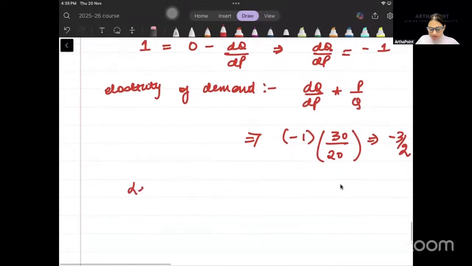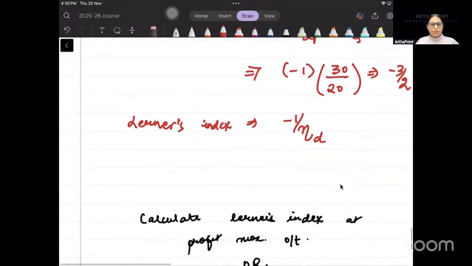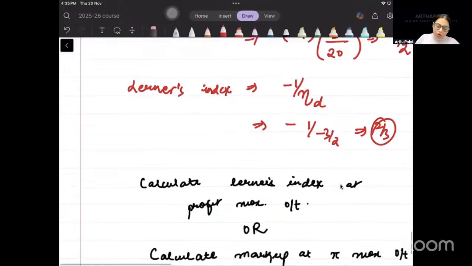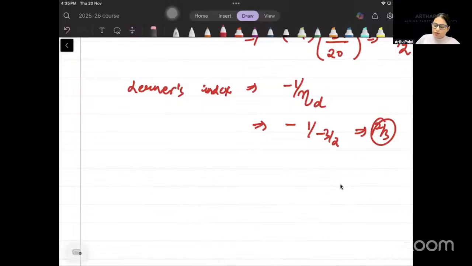And what is Learner's index? Learner index हो जाता है -1 by elasticity of demand, right? तो माने -1 by -3/2, तो 2/3, या तो ऐसे कर लो, और you can use the other formula of Learner's index.